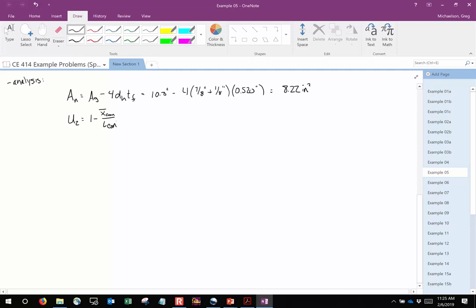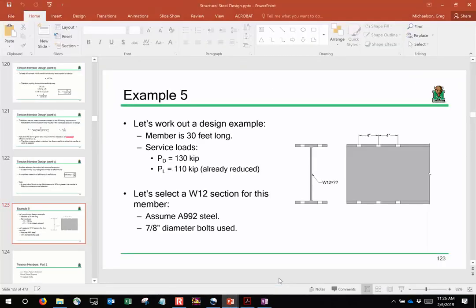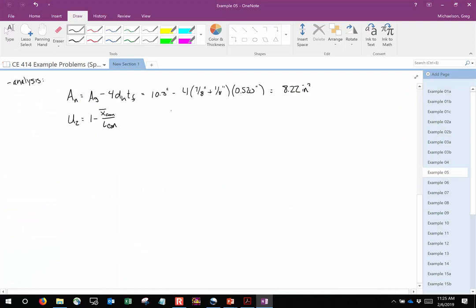That's exactly right. So we need some connection eccentricities and we need some connection lengths. Let's start off with the connection length. How long is this connection? It's 8 inches, right? Outer bolt to outer bolt, 8 inches.